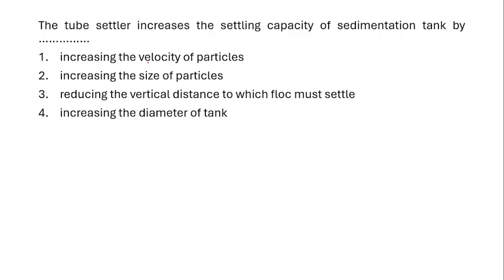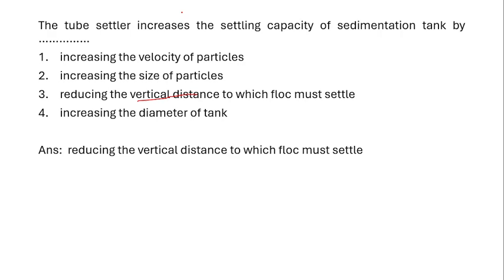And if you increase the velocity of the particle also, in the tube settler it will not increase. So particularly in the tube settler, how it is going to increase, they are asking. So here it reduces the vertical distance to which flock must settle. By decreasing this distance, the settling is increased in the tube settler. Okay, so this is the right answer.